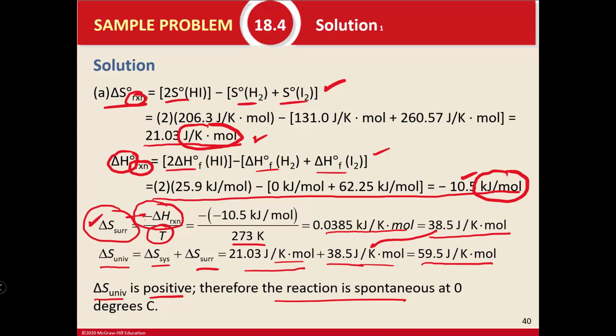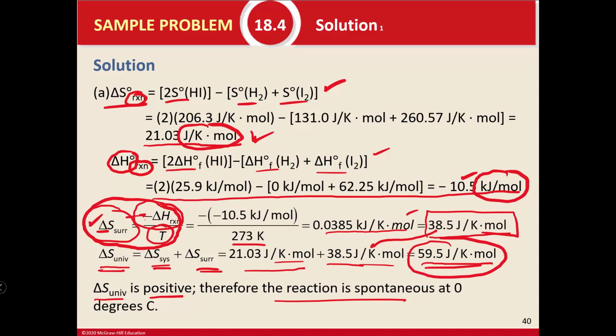But to find the delta S of the surroundings, we plug it into this equation, which we just talked about, and you'll solve for delta S of the surroundings, and this is what you get. And then you have to convert this to joules per Kelvin mole, so it's in agreement with this one up here. And the delta S of the universe is the system plus the surroundings. We add that up, we get this number here. Because this number is positive for the universe, we know the reaction is spontaneous.